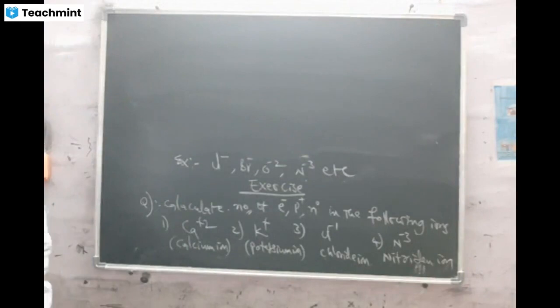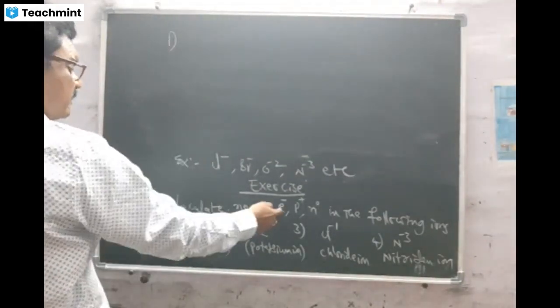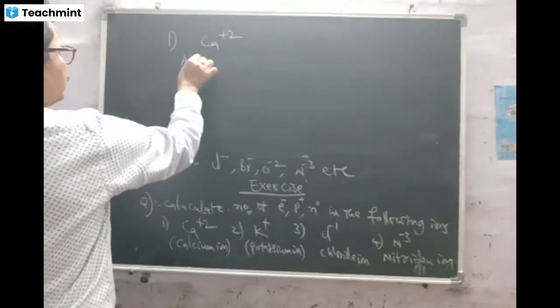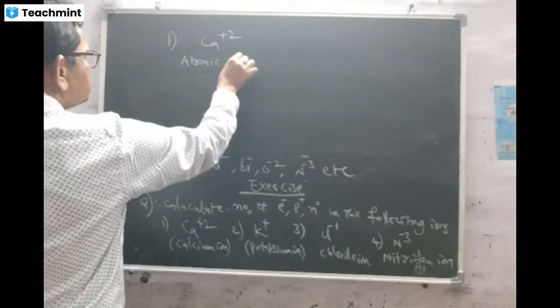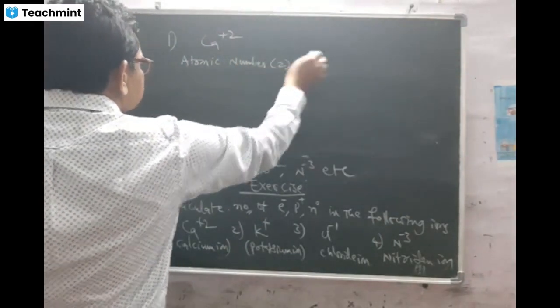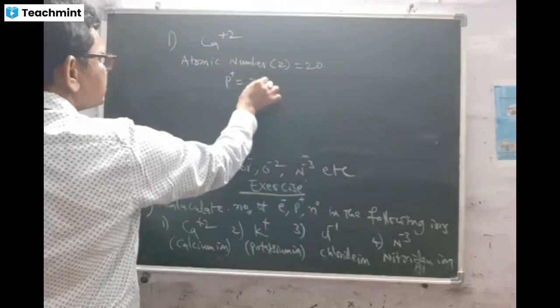The first one we are doing is the number of electrons, protons in calcium. You know the atomic number. What is the atomic number of calcium? Z is 20. So whenever Z is 20, protons are P plus, that means 20.